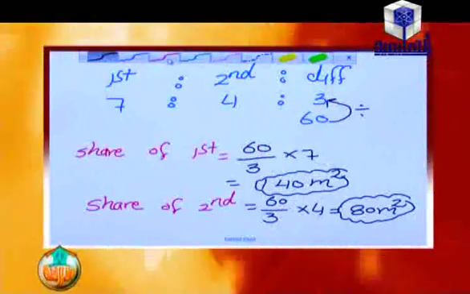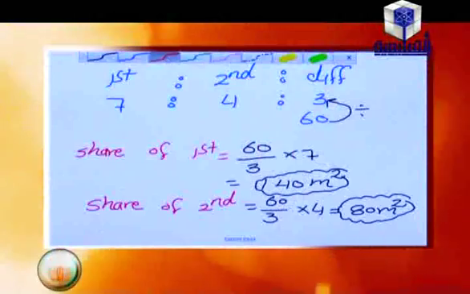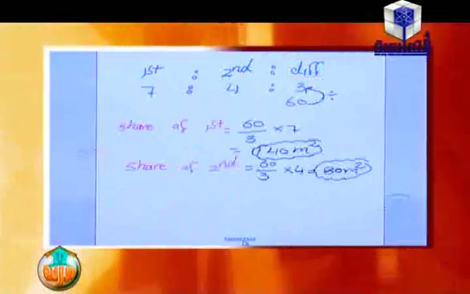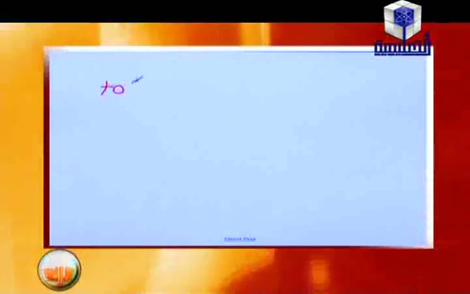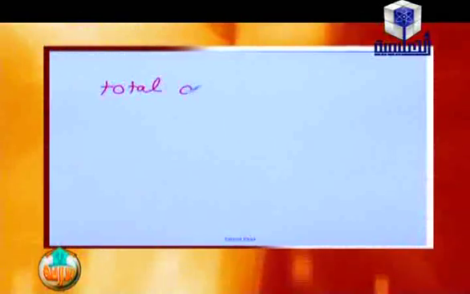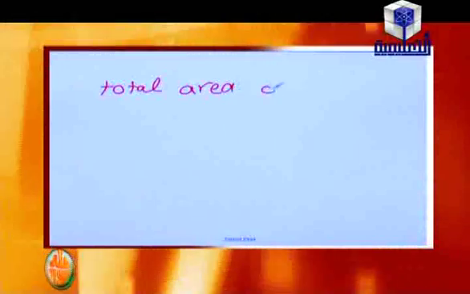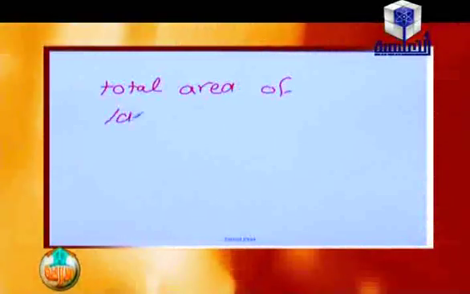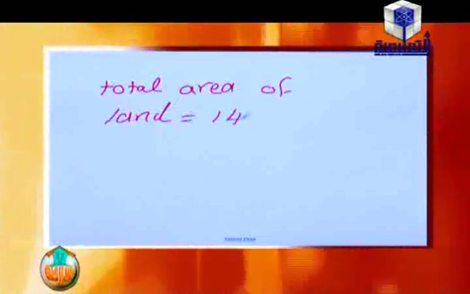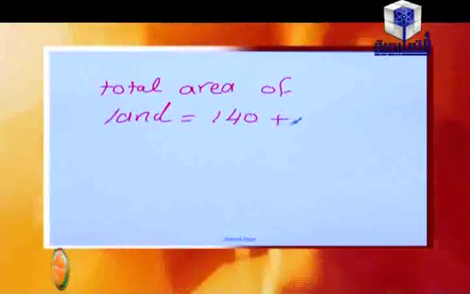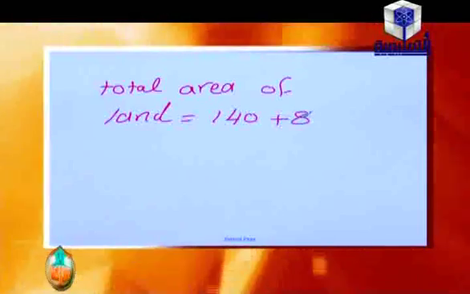The share of the first plus the share of the second. We just add the two results you obtained. Then finally here, the total area of the land equals 140 meters squared plus the share of the second, 80 meters squared.